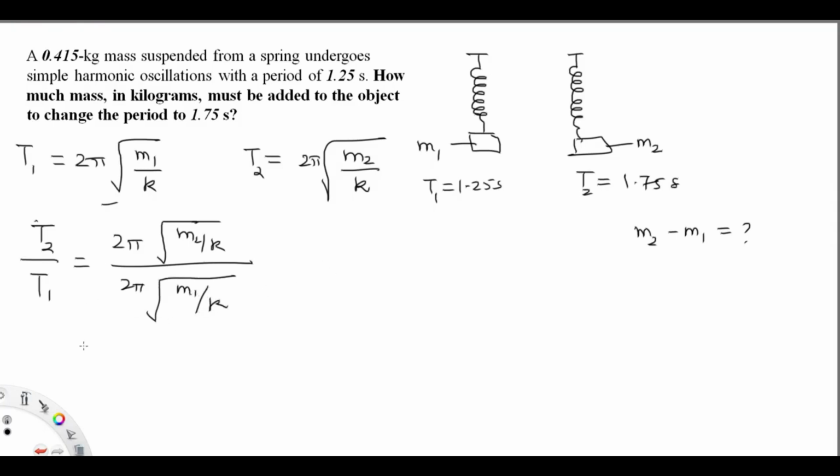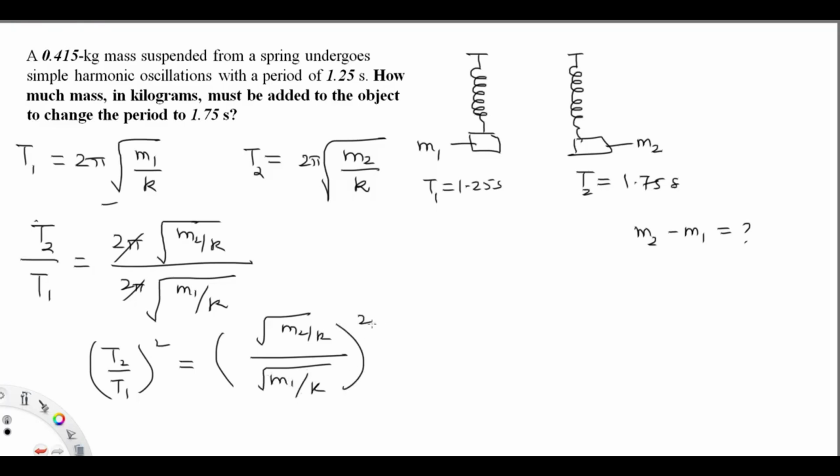So let's take the square on both sides. So T2 over T1 squared, 2 pi and 2 pi cancel. So square root of m2 over k over square root of m1 over k, squared. So this square and the square roots cancel.